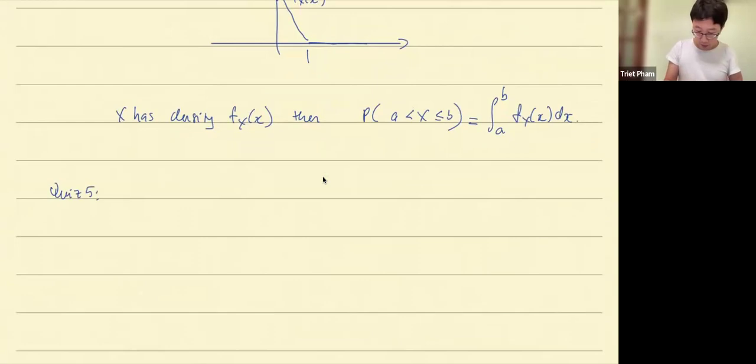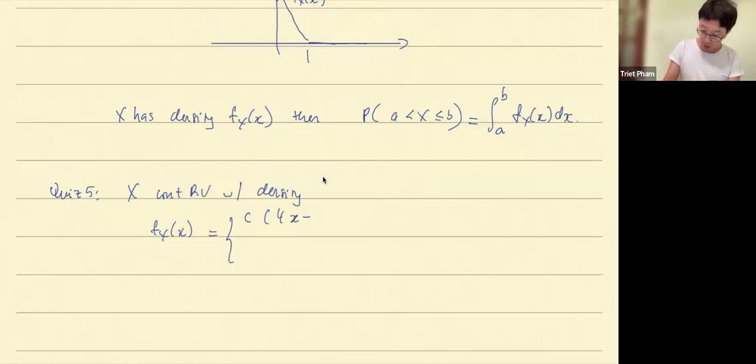Let's say suppose X is a continuous random variable with density C times 4x minus 2x squared, for 0 less than x less than 2, and 0 otherwise. Part A, what is the value of C?